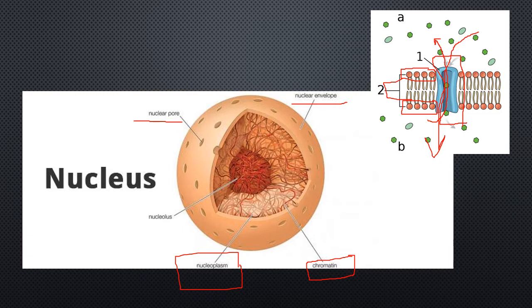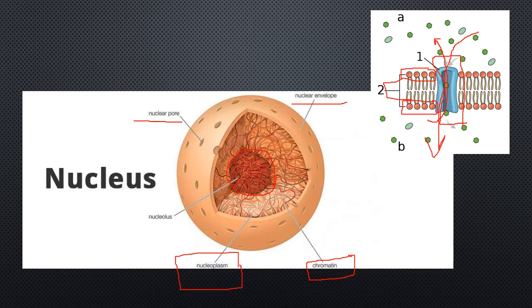Now, what you might also notice is right here a very densely packed chromatin area, and it's called the nucleolus. It is not separated by a membrane, it's just a portion of the nucleus that has densely packed RNA. And it's a particular type of RNA that's produced right here.